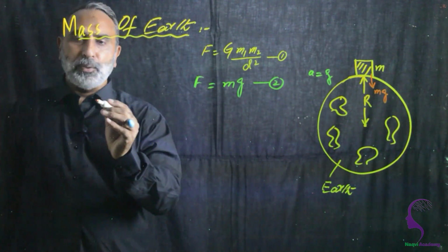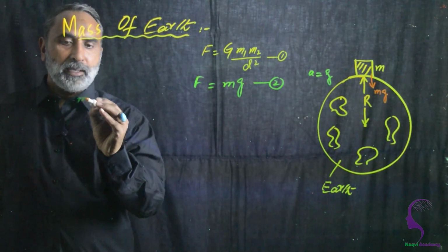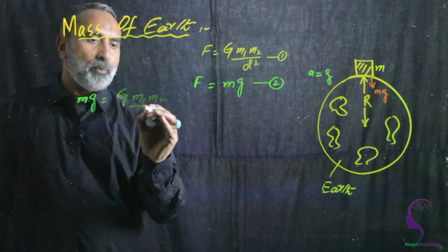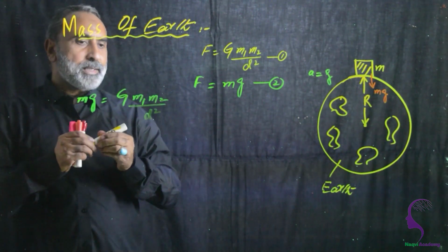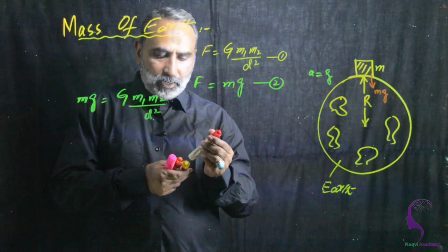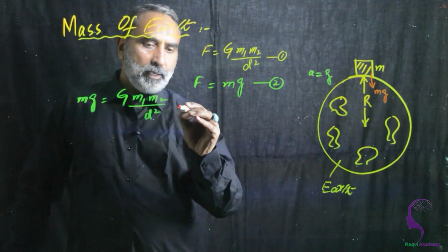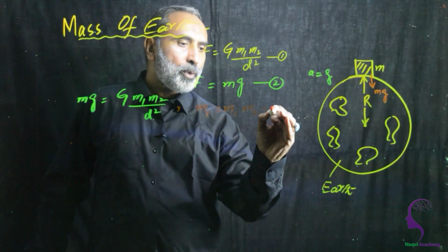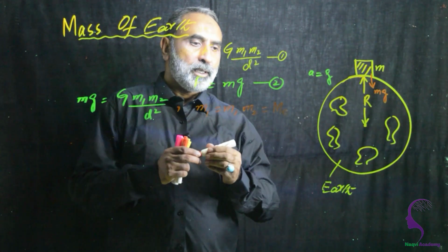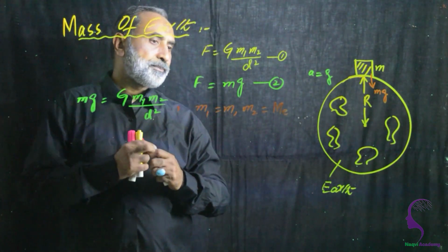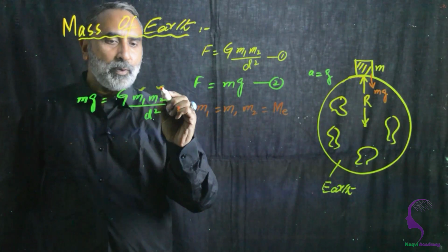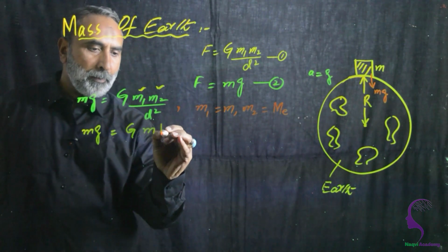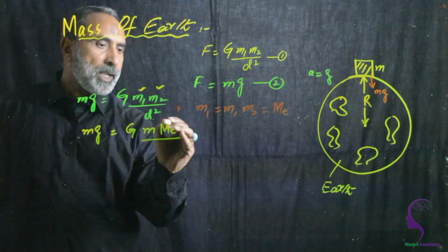So by equating 1 and 2, we may write mg equals G m1 m2 by d square. Dear students, m1 is the small body, m2 is the mass of the Earth. When you replace these two values here, you see mg equals G m me by d square.